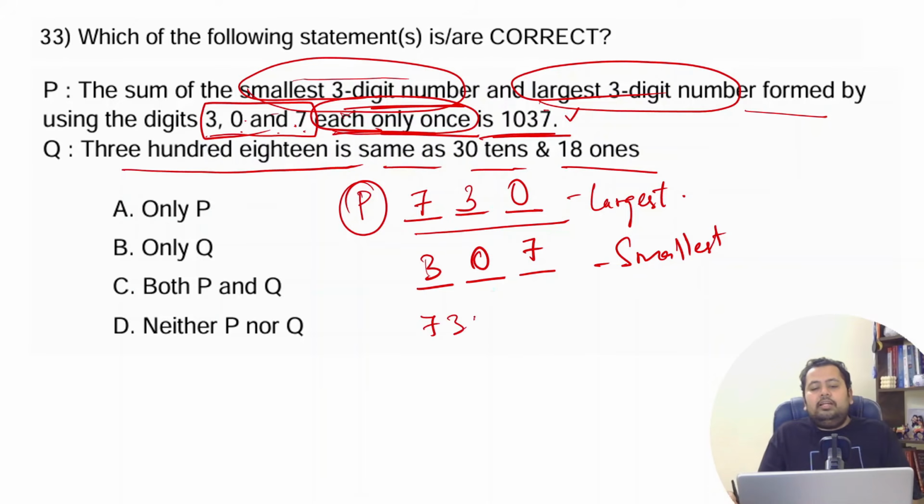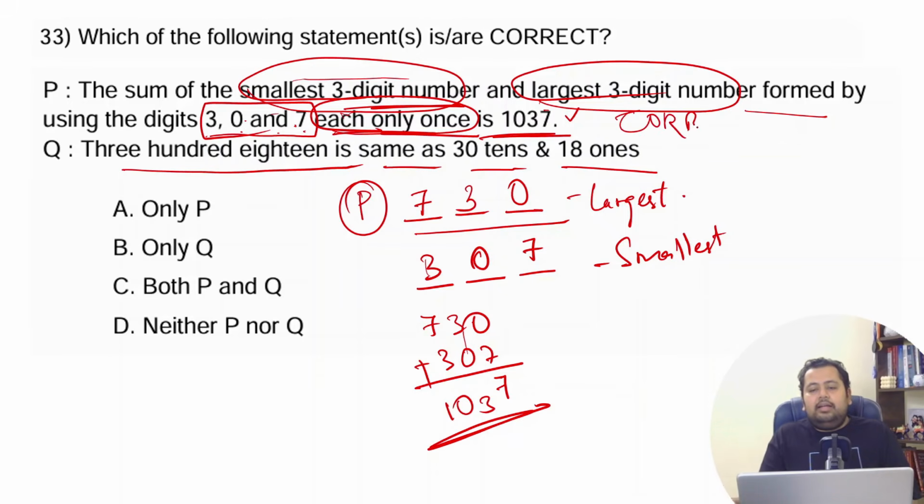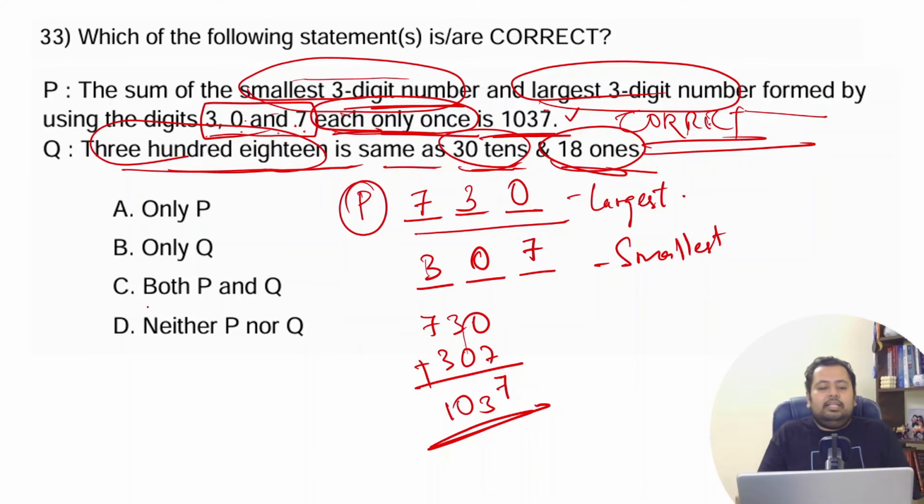So now you have to add 730 plus 307. If you do this, 0 plus 7 becomes 7, 3 plus 0 is 3, and 7 plus 3 is 10, so 1037. So this is correct, right? Now it's saying 318 is the same as 30 tens plus 18 ones. So 30 tens is nothing but 300, plus 18 ones, which is nothing but 18.